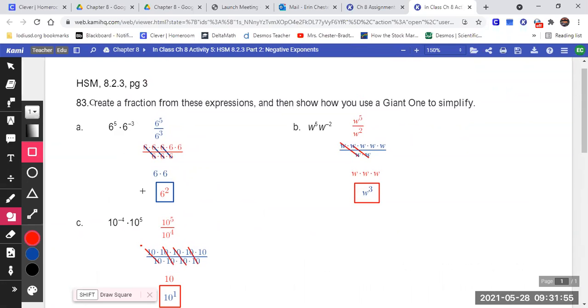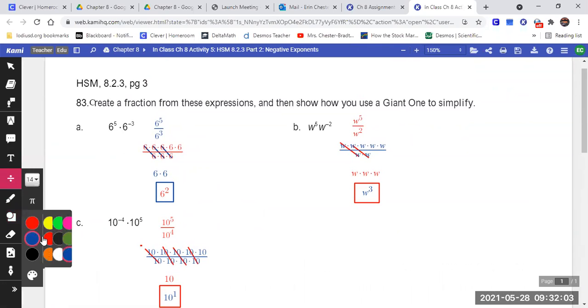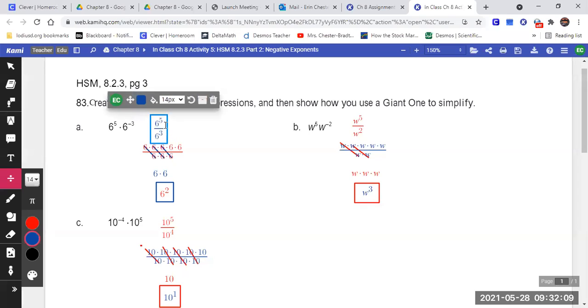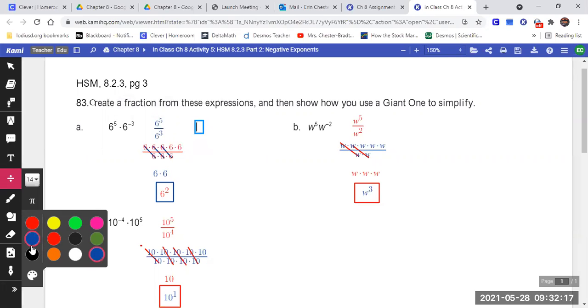Now, who knows what the shortcut way would have been? How could we have written this another way? Instead of having to spread it out, what other math could we have done? Yes, we could have done the add the exponent rule because they're side by side.